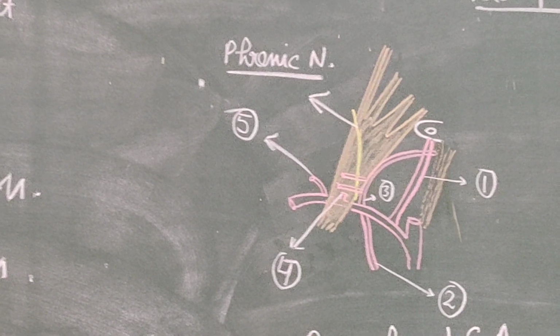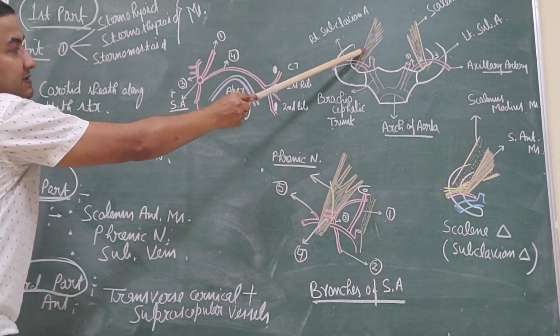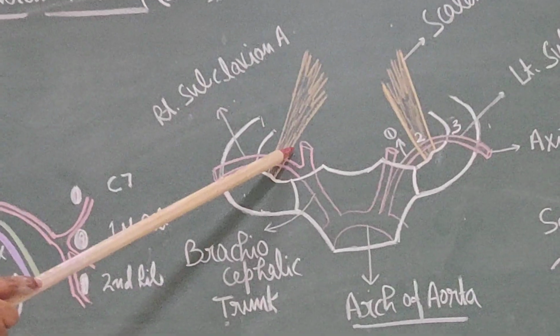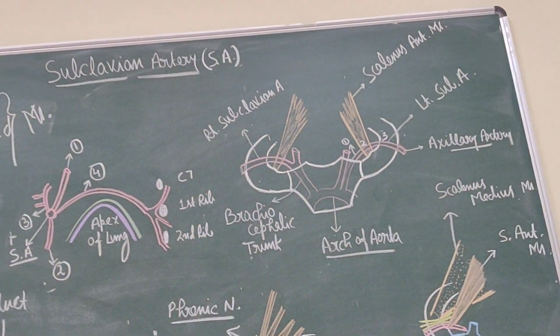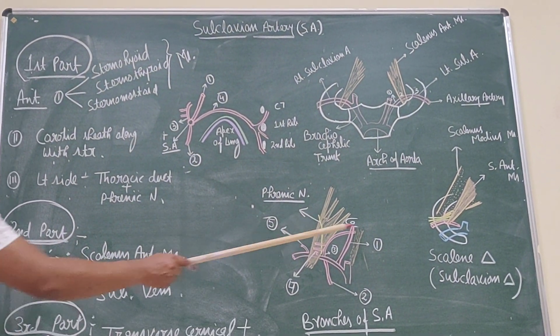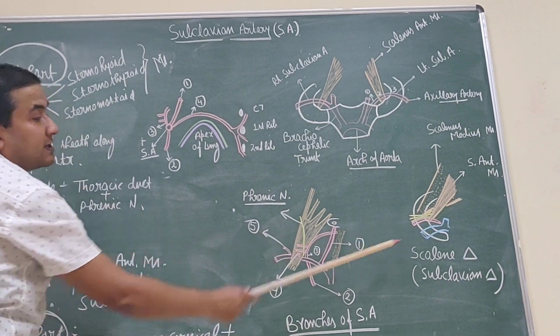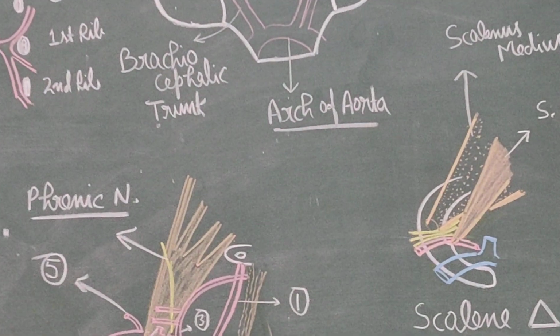Now the second part, anterior relations: it is the scalenus anterior muscles along with the sternocleidomastoid muscles. Then the phrenic nerve is anteriorly related with the second part along with the subclavian vein. This is the subclavian vein which is present in front of the scalenus anterior muscles.